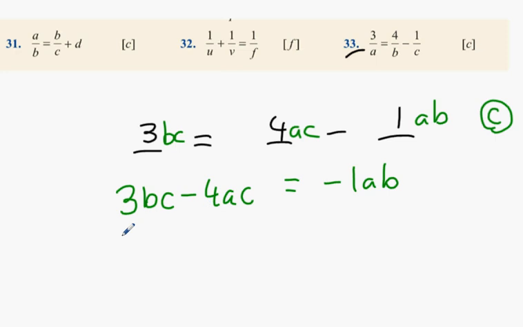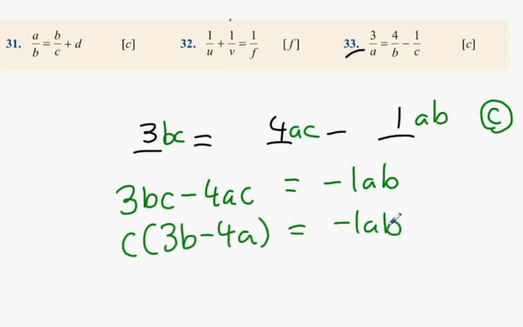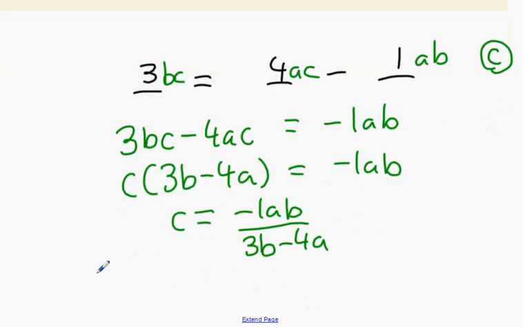What's the factor I can take out? Good job, 3B minus 4A. Now finally, to get C on its own, minus 1AB all over 3B minus 4A.